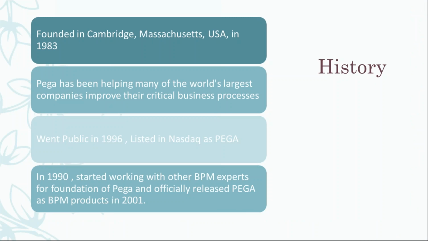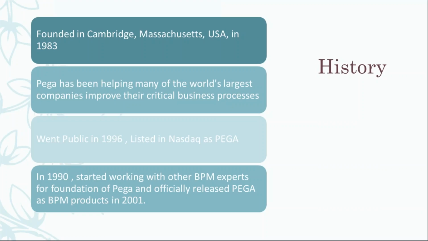This is a little history about Pega. Pega started in 1983 as a company in Cambridge, US, founded by Alan Trefler. Initially they did not start with a BPM product; they supported big companies like American Express with middleware. During the 90s they ran into financial troubles and a lot of problems, and at that time they formed a team with some BPM experts to create some tools.